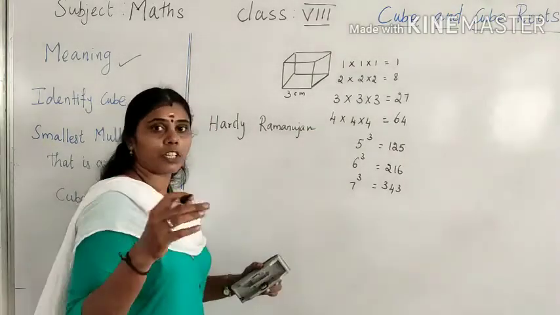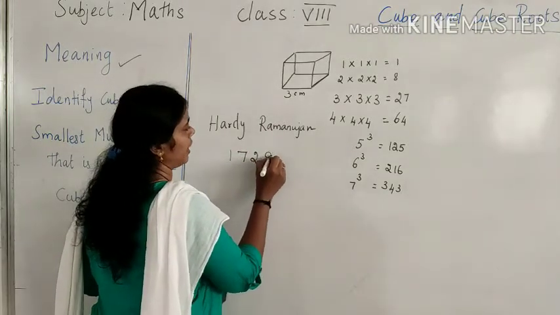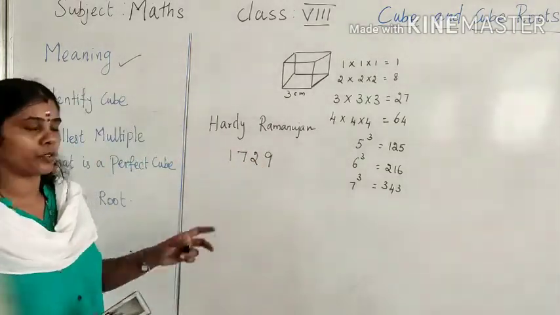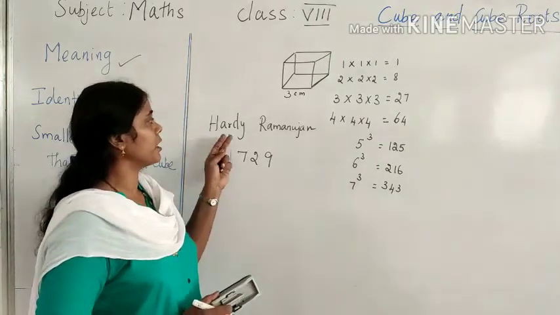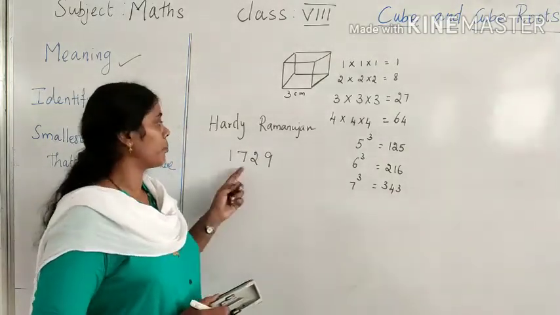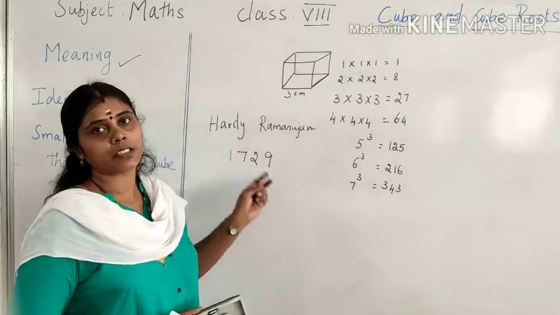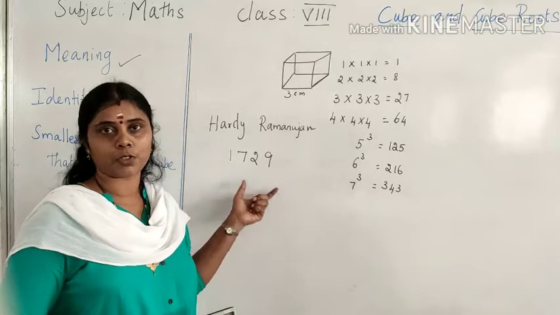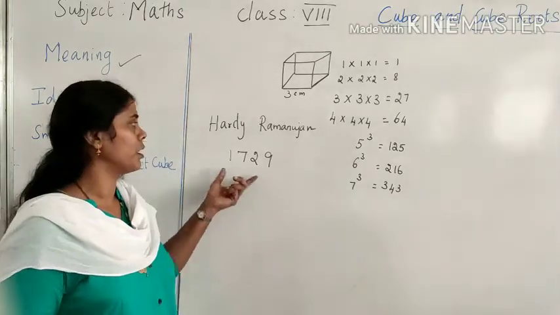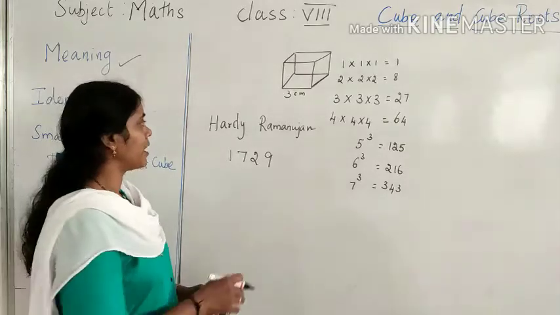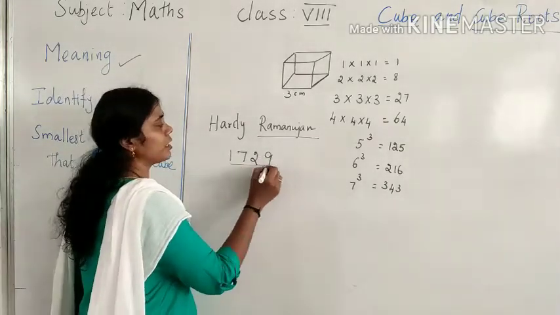This story is given in your textbook also. 1729 is called the Hardy-Ramanujan number. Why is it so? When Hardy was traveling and visited Ramanujan, his cab number was 1729. Hardy said that this is an unlucky number, not a good number. Then Ramanujan immediately said it's an interesting number.